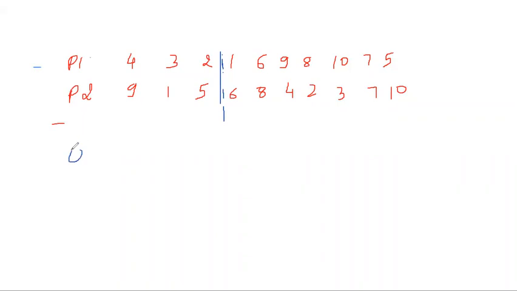So for my one offspring which is going to be generated, the simplest thing I'm going to do is simply exchange these sections.